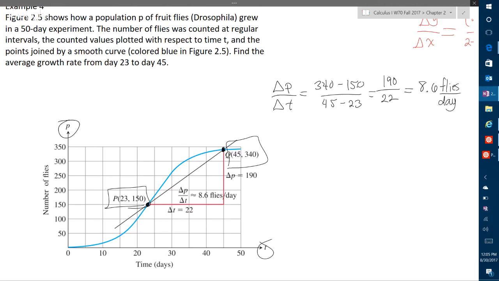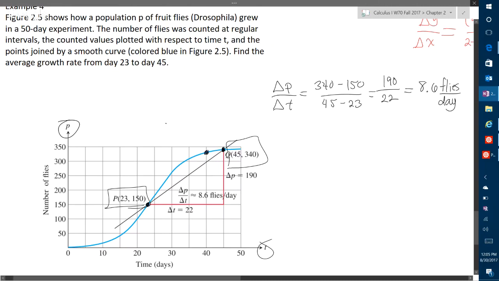But we don't have a function. There's no function for us to work with. So we have to use estimated points on the graph. Let me point you in the right direction here. Let's start off with 40. This point right here is about 40 and 340.